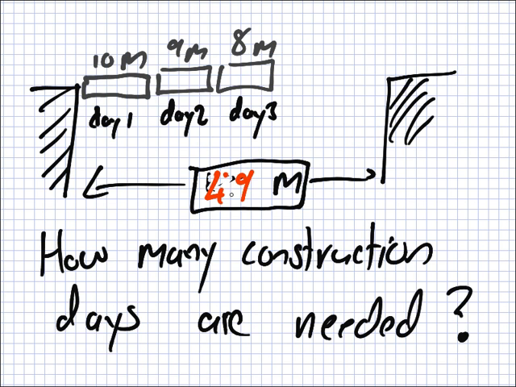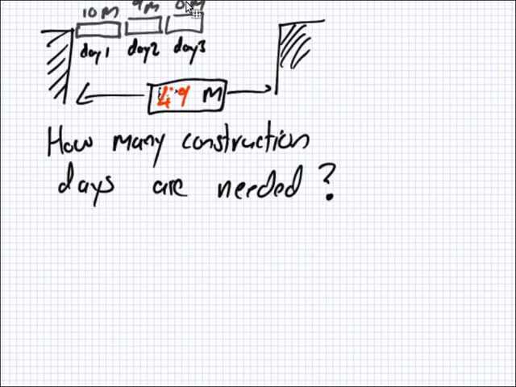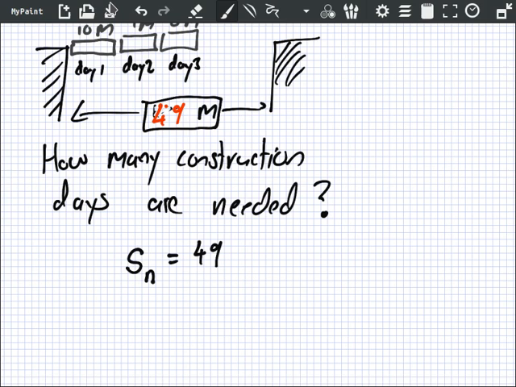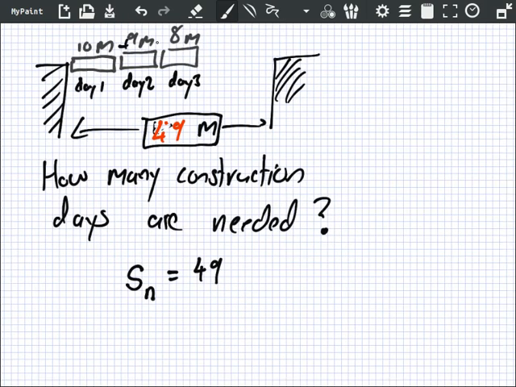Now, is it exact or did you have to round it? So what you have here is Sn equals 49. Yes? You want to add up all these until you get to 49.